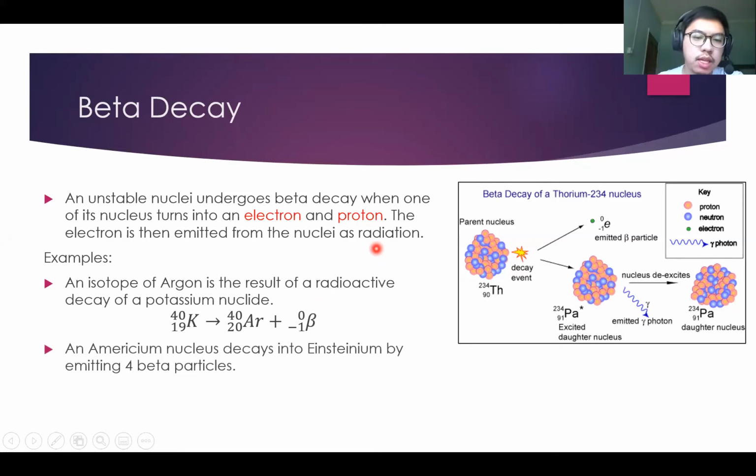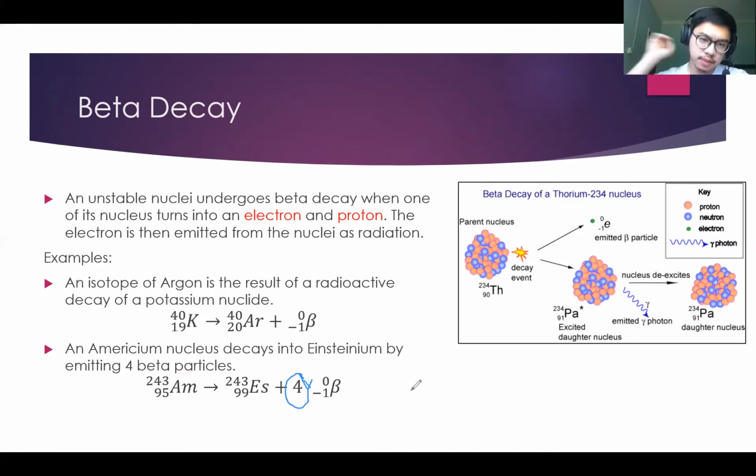An americium nucleus decays into einsteinium by emitting 4 beta particles. So americium becomes einsteinium by giving out 4 beta particles. So there's a factor of 4 you can see here. That's 4 times the beta particle.